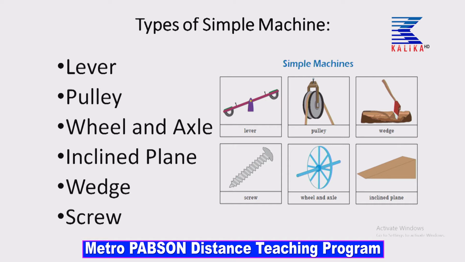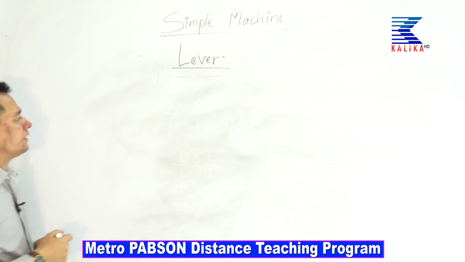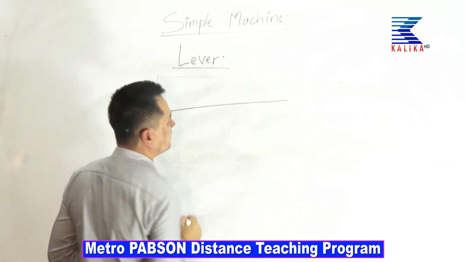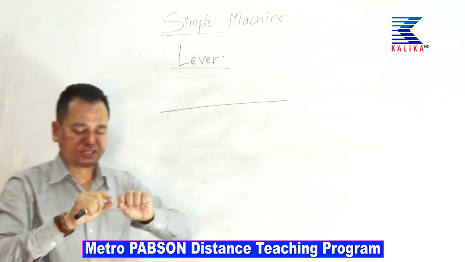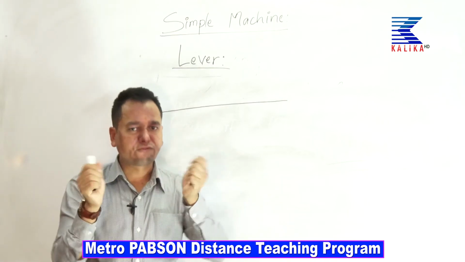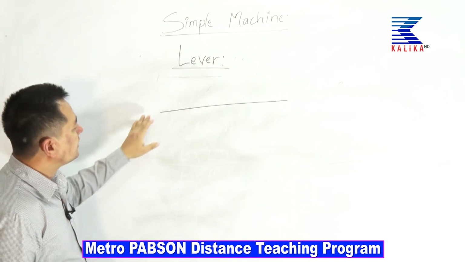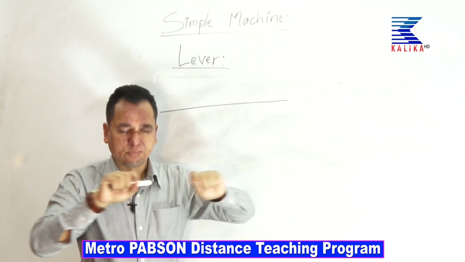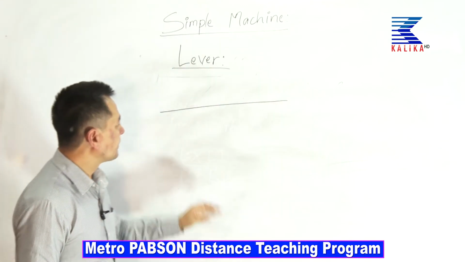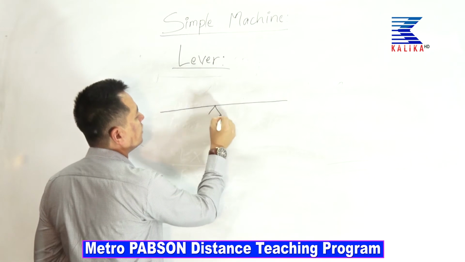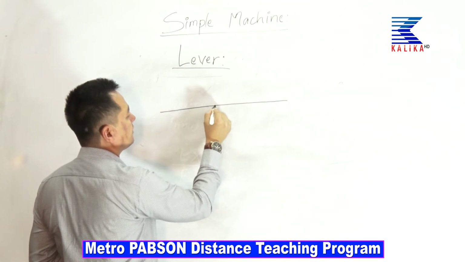Now what is a lever? Lever is a long rigid bar. It is not flexible, it is rigid. So lever is a long rigid bar, stick-like structure, which is capable of rotating about a fixed point.